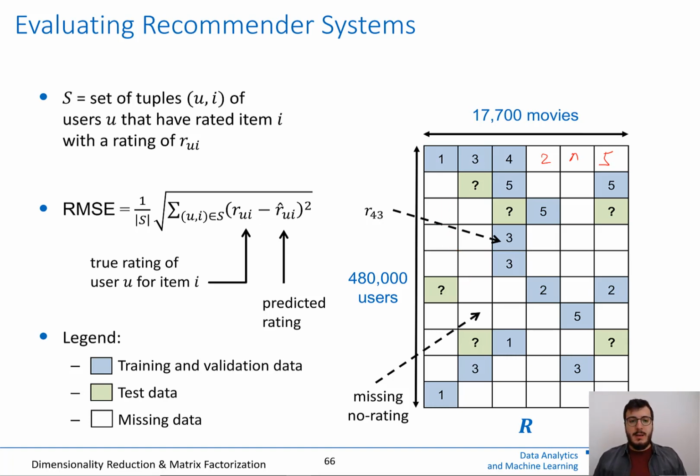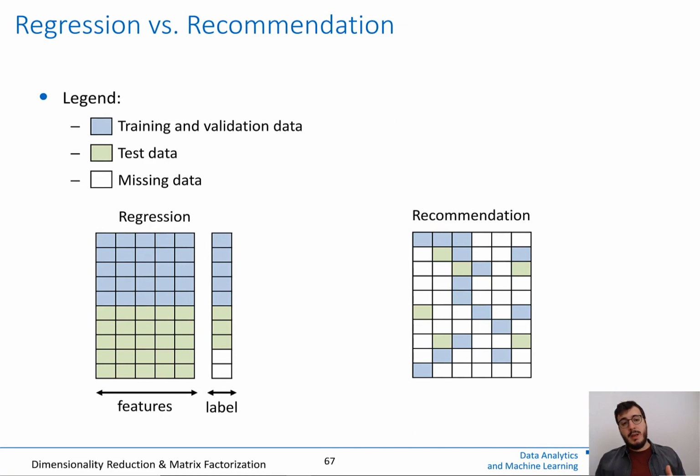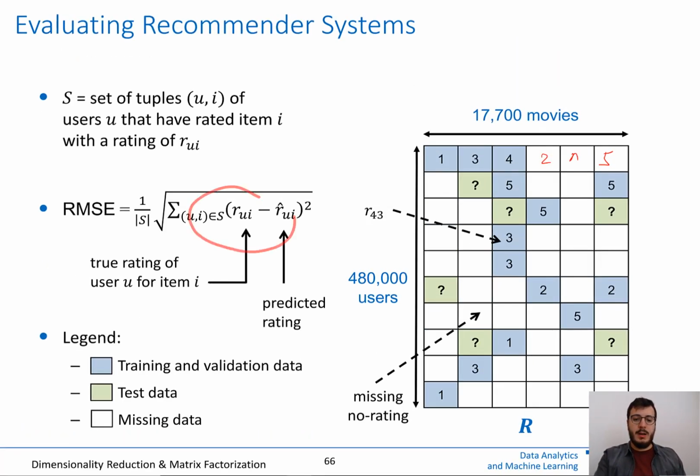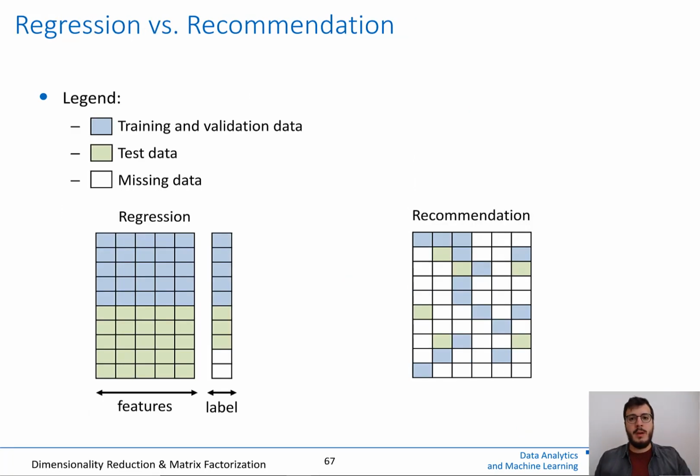Okay, and then I also want to make a distinction between regression and recommendation, because if you look at the metric, it looks very similar to what we would do in a regression setting. So we're predicting a scalar number, right? I also want to make a comparison with regression or supervised learning tasks, which you've seen before, and recommendation.